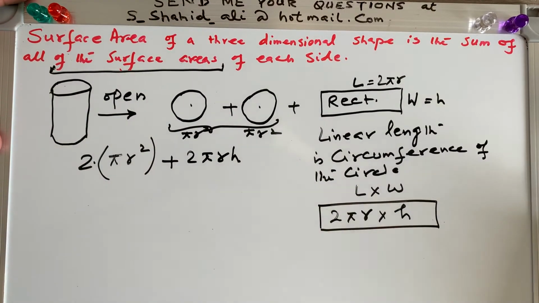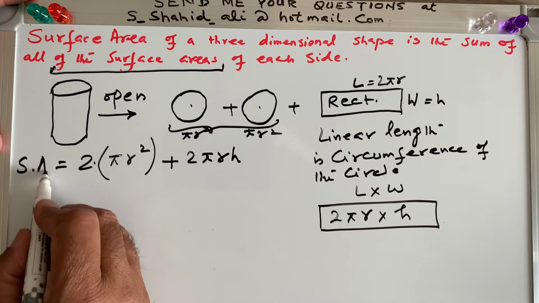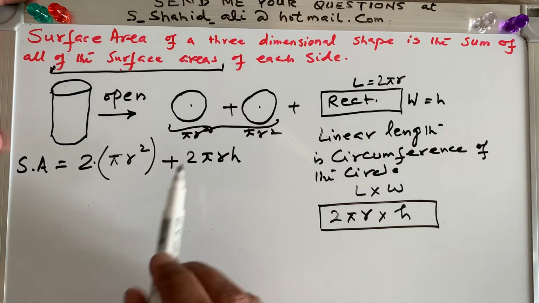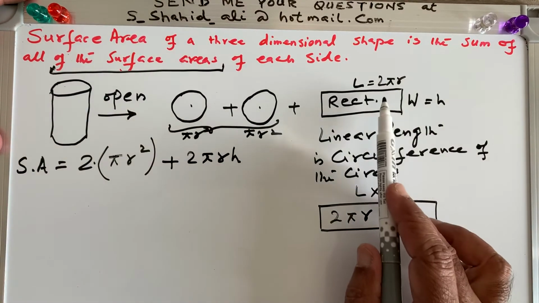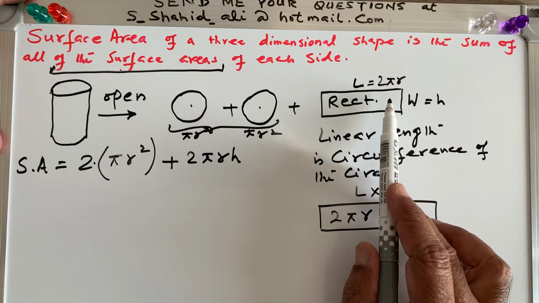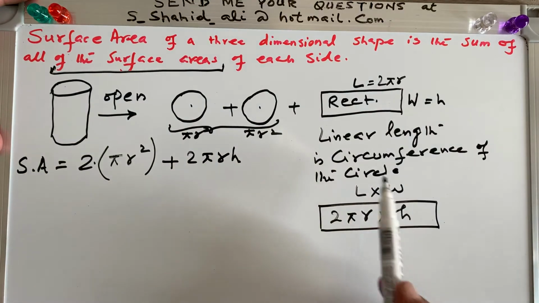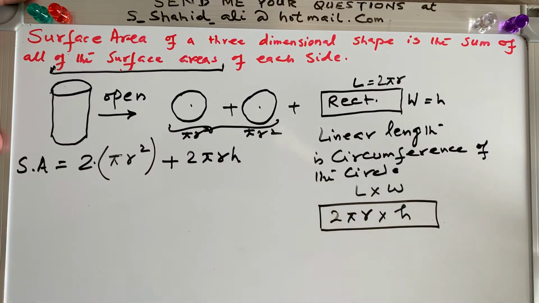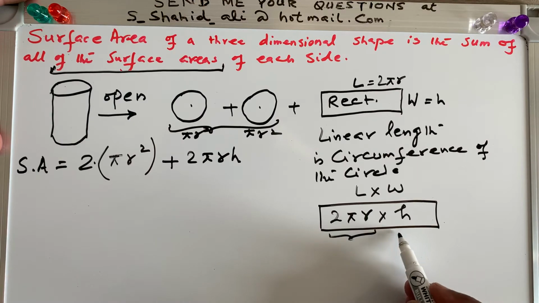So what do we decide here? Surface area of this cylinder is always equal to the surface area of the two circles plus the surface area of the rectangle. And for the rectangle, we have to use some previous knowledge that the linear length is the circumference of the circle. So the linear length is the circumference, and the circumference formula is 2 pi r, times h, right?